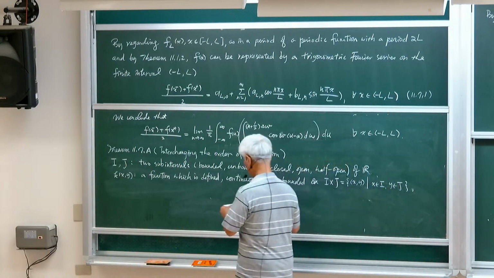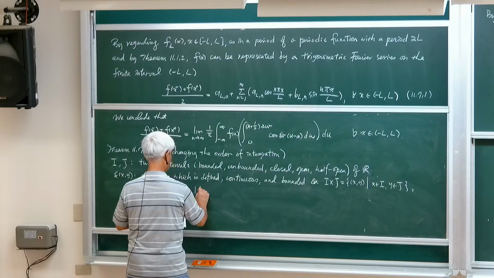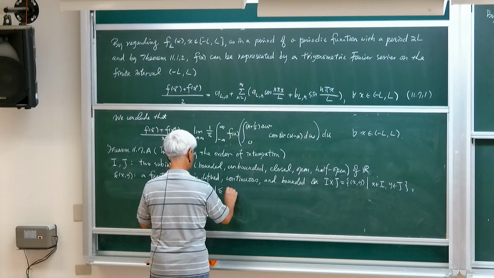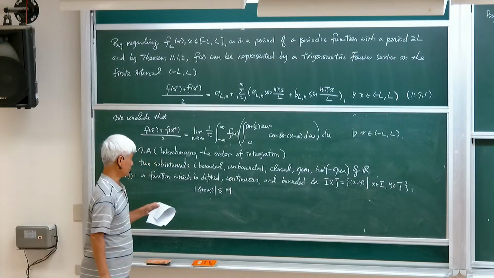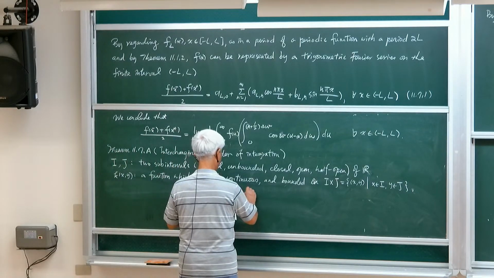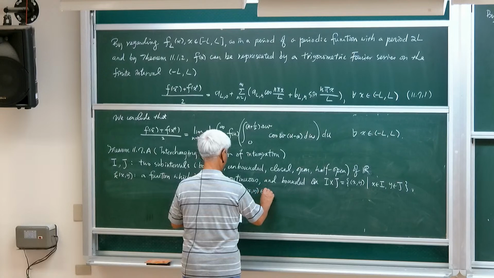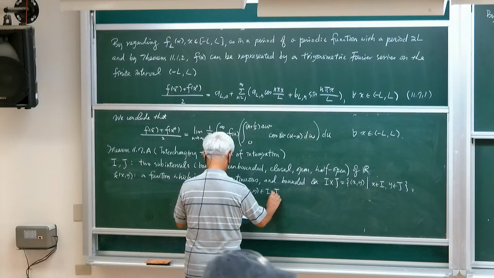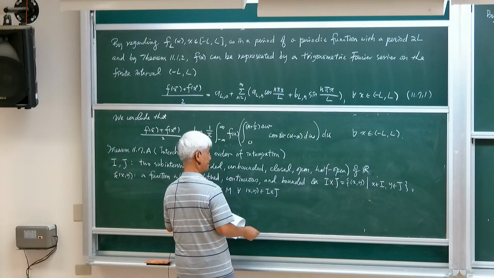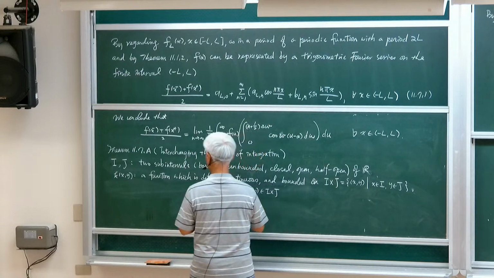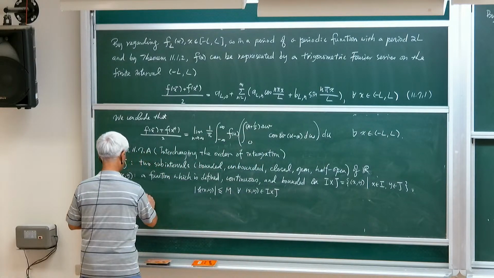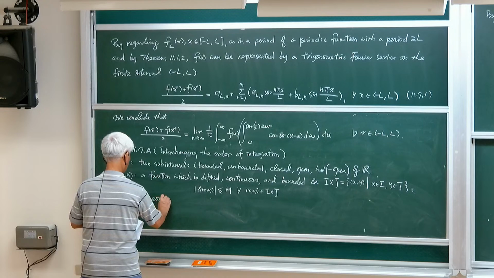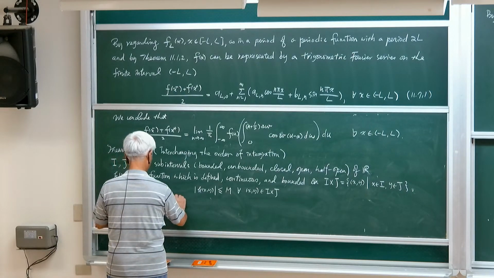And because it is bounded, we write down an upper bound, capital N, for some N greater than 0.